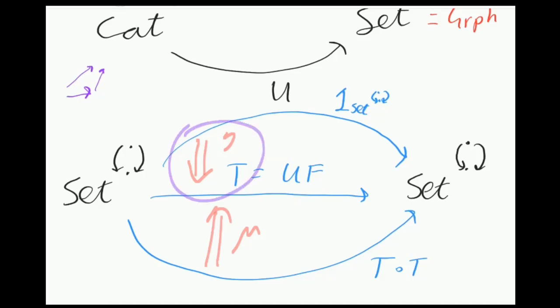And then this unit here of this monad, well, this is just going to embed our original graph in this bigger graph of walks by sending each directed edge of the original graph to a length 1 walk in the new graph. And this mu here, this multiplication, this is just going to send the graph of walks of walks to the graph of walks by composing walks, if that makes sense.